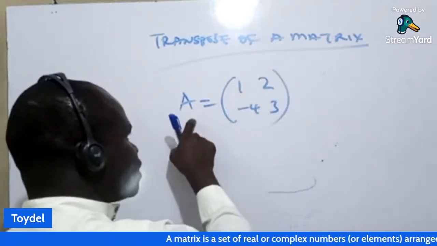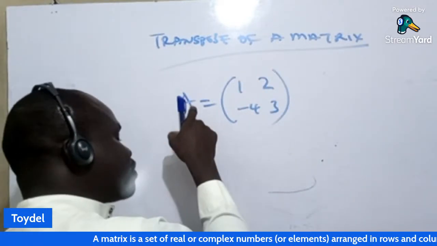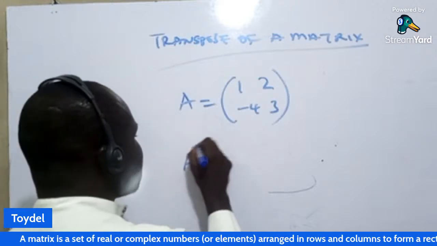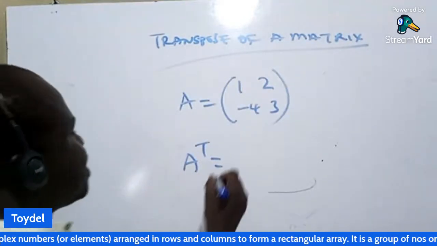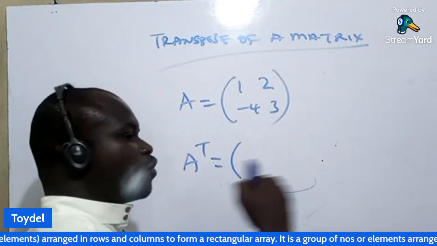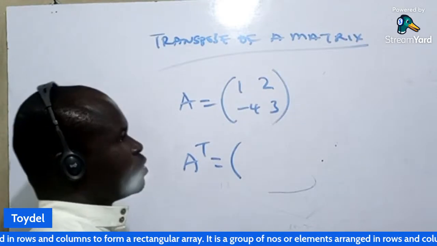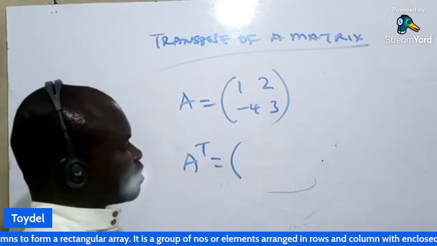What will be the transpose of this matrix? The transpose of A, denoted as A superscript T, simply means that we are going to interchange rows to columns. That's the simple interpretation of transpose of a matrix.